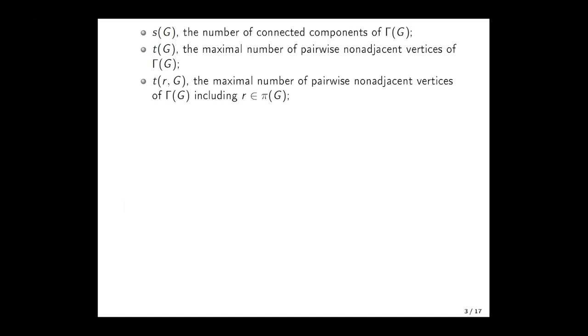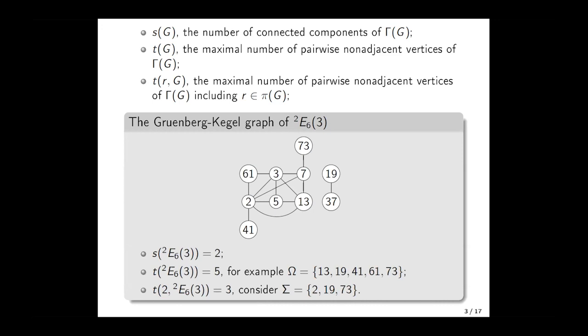I'd like to show a little example of how we can compute these numbers. On the slide, you can see the prime graph of the simple exceptional group of type 2E6 over the field with 3 elements. Obviously, there are 2 connected components. The independence number equals 5. For example, you can take a co-clique consisting of vertices 13, 19, 41, 61, and 73. Of course, this co-clique is not unique.